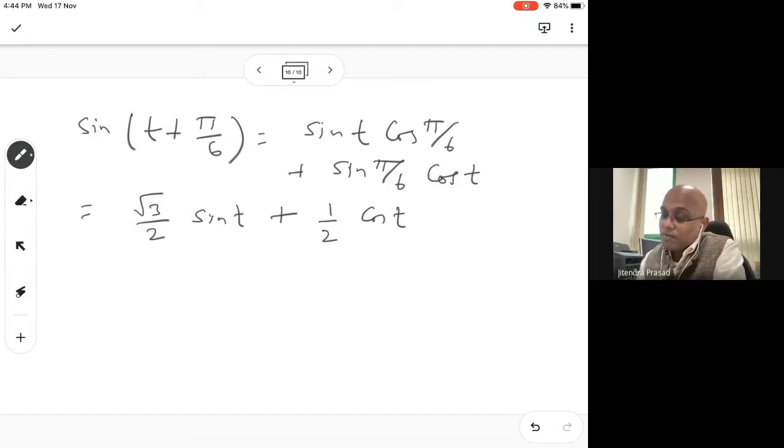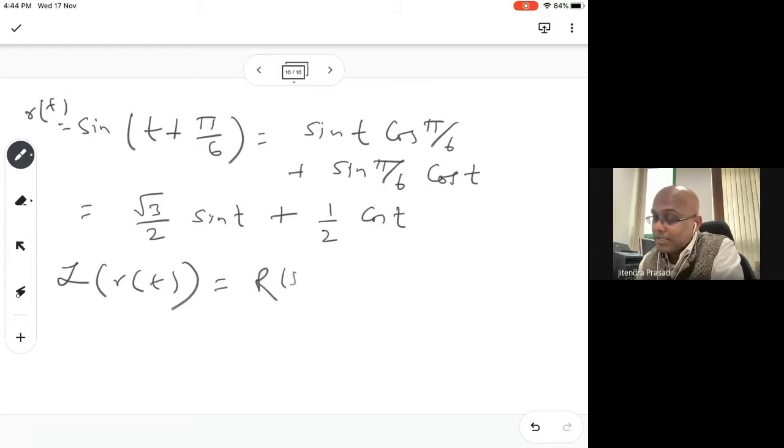So the Laplace transform of r(t) is this R(s), which will be equal to root 3 over 2 times the Laplace transform of sine t plus half the Laplace transform of cos t.